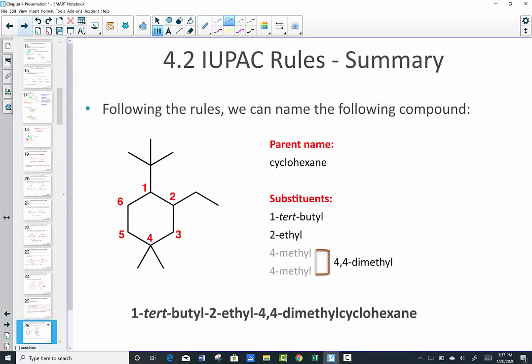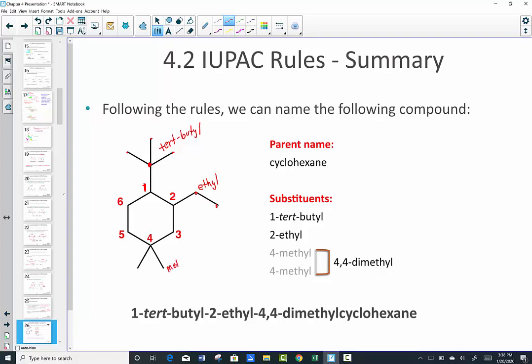Following the rules, we name the compound by assembling the pieces. I have a cyclic structure. At carbon 1, I see a substituent group. We called that tert-butyl. The carbon attached to carbon 1 is attached to 3 other carbons. That's tert-butyl. Here I have an ethyl group at carbon 2.